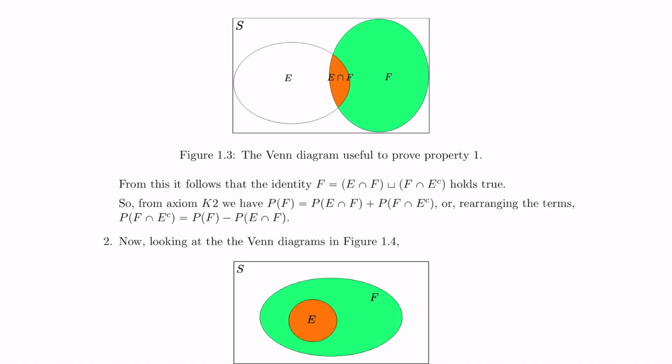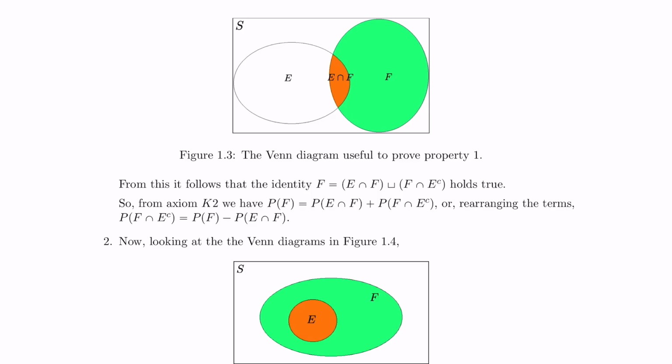So, indeed, F can be written as the disjoint union of E intersected with F and F intersected with the complementary set of E. Each time we have a disjoint union, we can apply the probability function and use the Kolmogorov axiom K2, and so we have that the probability of F is equal to the probability of E intersected with F plus the probability of F intersected with the complementary of E. If we rearrange the terms, we find exactly the formula that we want to prove.